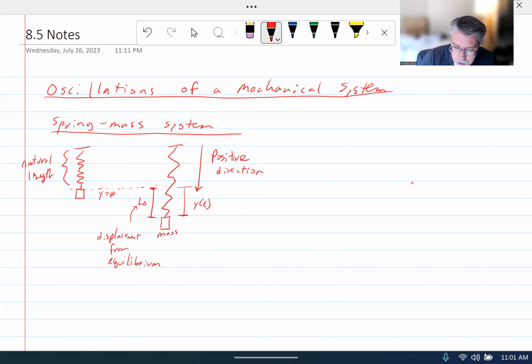So there's some function that's going to model the total forces involved in moving this thing a certain distance, and that function is going to be a function of y. It's the distance that we move the spring down.